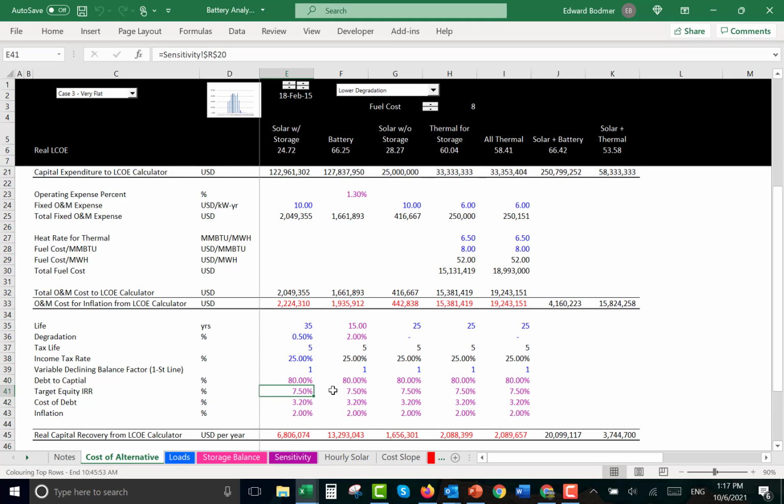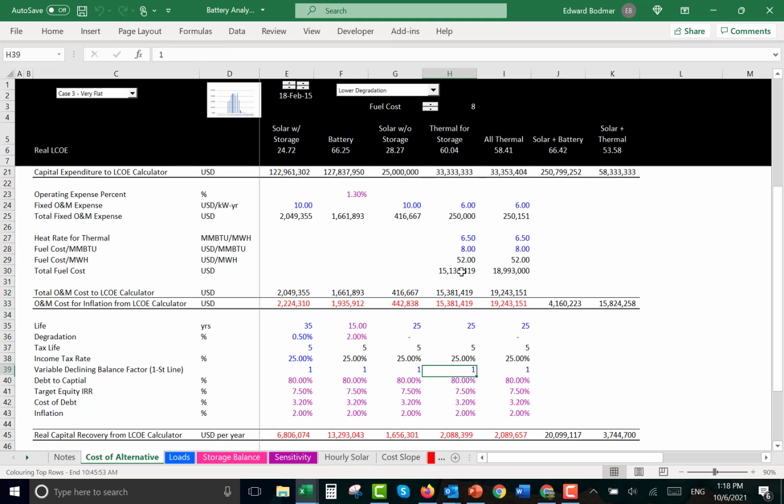Now the cost of capital is really, really important for the solar and the battery, because they're, solar even more important, because they're more capital intensive, longer life, all capital, very little operating expense relative to the capital. For the thermal, we have a big fuel cost.